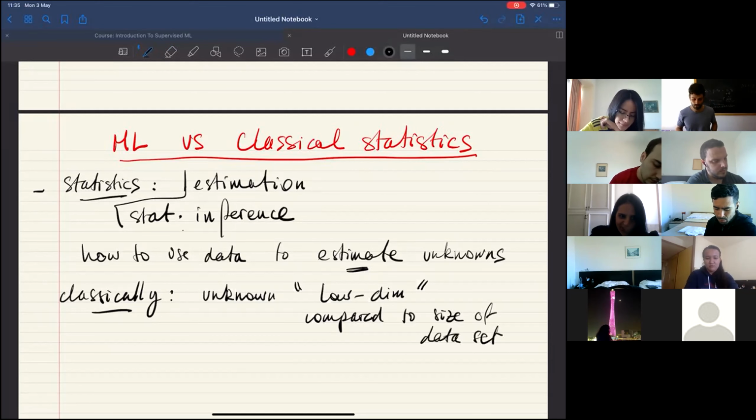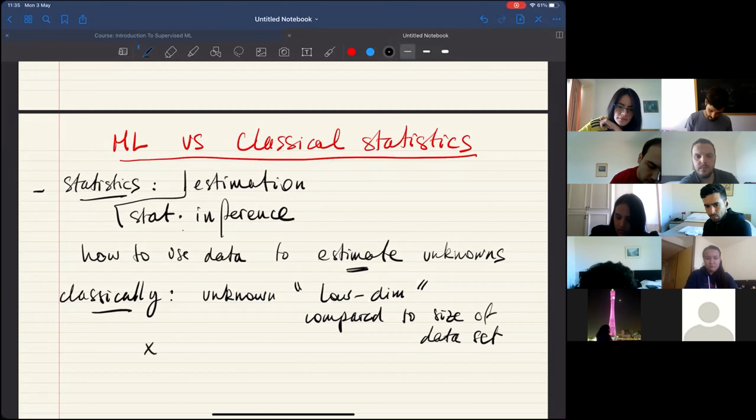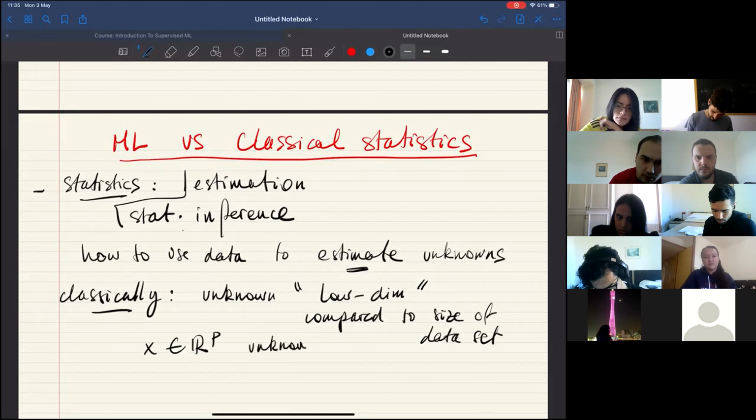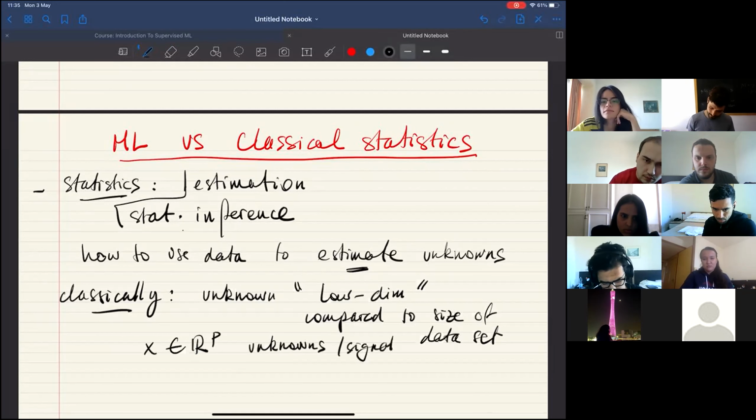So typically the unknown quantities, let me call them X. This is a vector that generally belongs in R^P, let's say. This is the unknown, or what we like to call the signal in signal processing. And then you have data that depends on these unknowns.